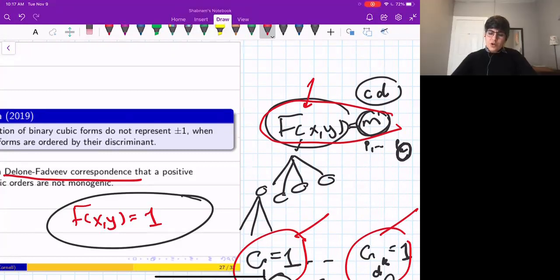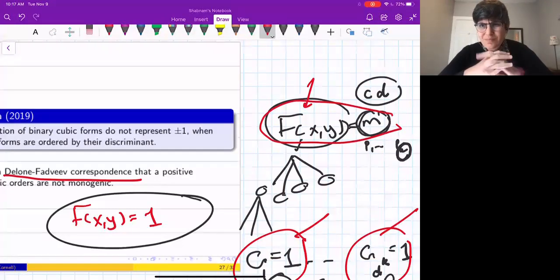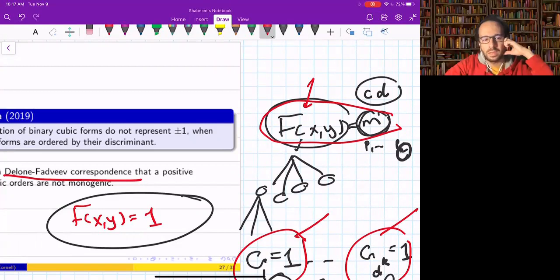You have to make sure when you are constructing these forms, you don't create local obstructions. So those are coming from what's called these days arithmetic statistics, but more classically geometry of numbers.